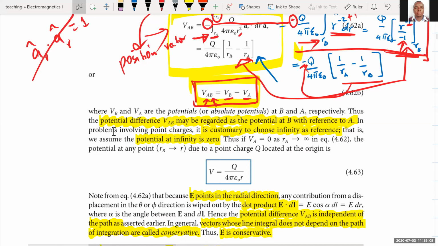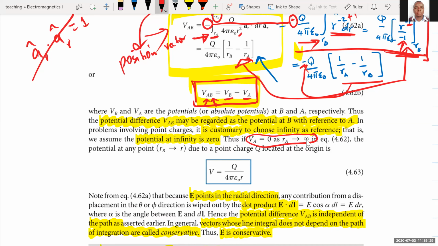So in problems having point charges, it is customary to choose infinity as reference. That is, we assume that potential at infinity is 0, and therefore V_A becomes 0 in this case, since r_A approaches infinity. And of course, you can clearly show how V_A becomes 0.